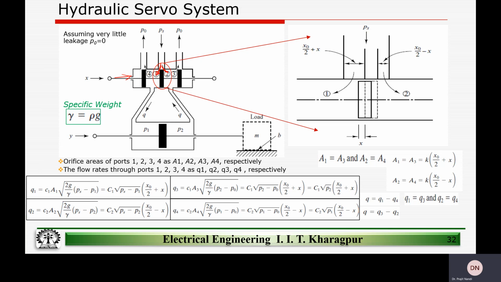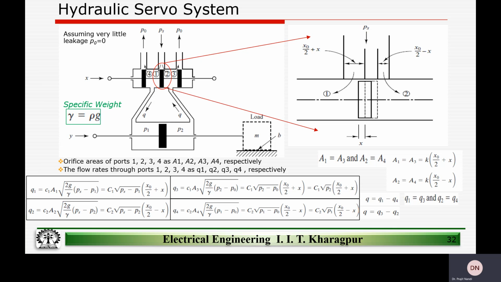And the ports through which the liquid is exiting are port 3 and port 4, right? Since the volume remains constant, whatever fluid is entering the system must also be exiting the system.